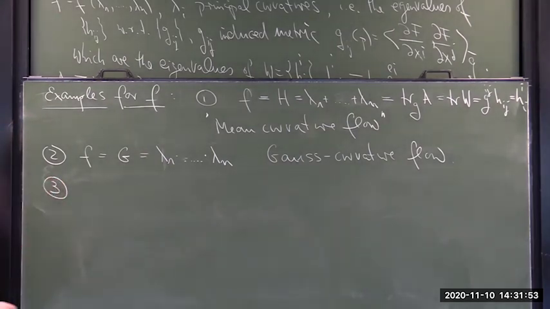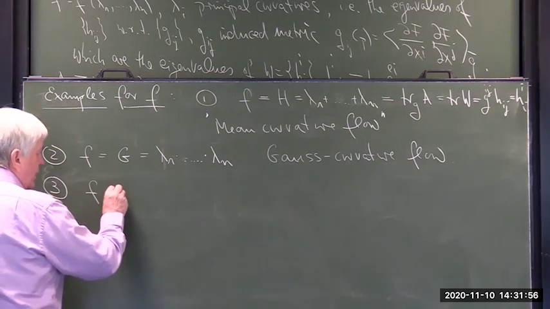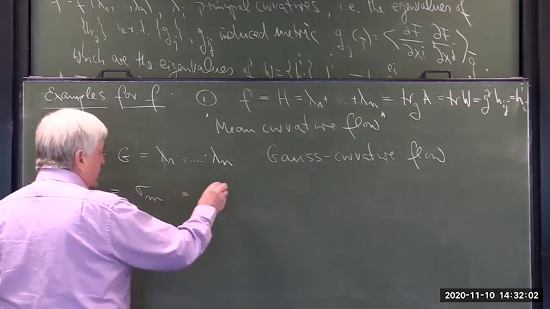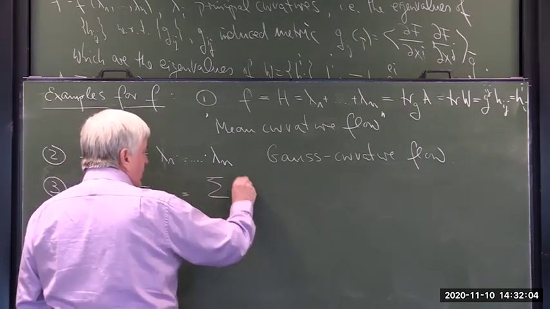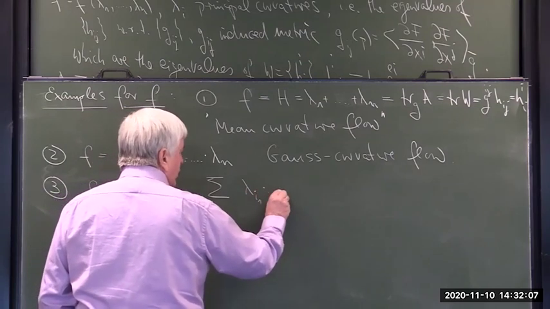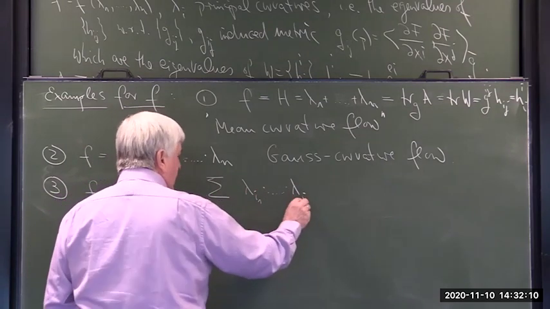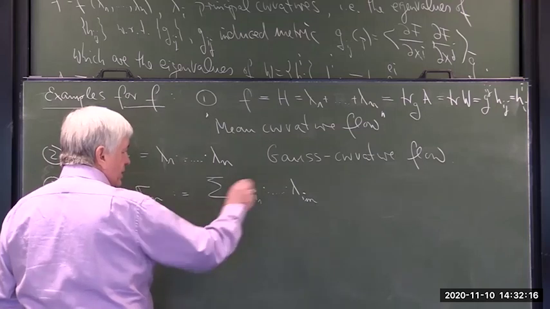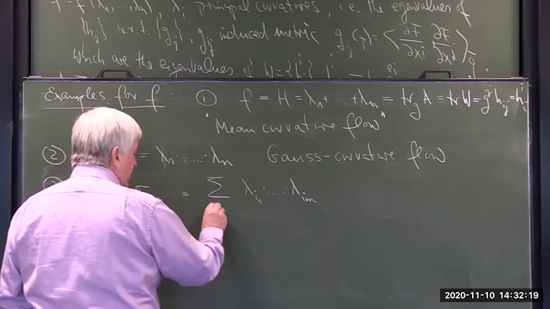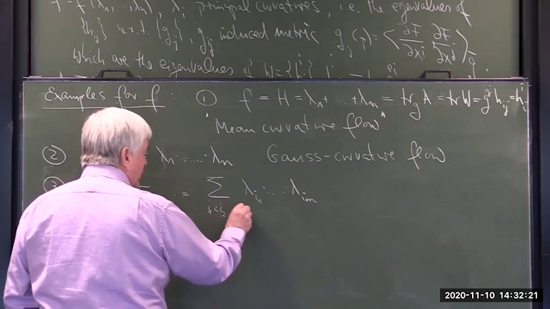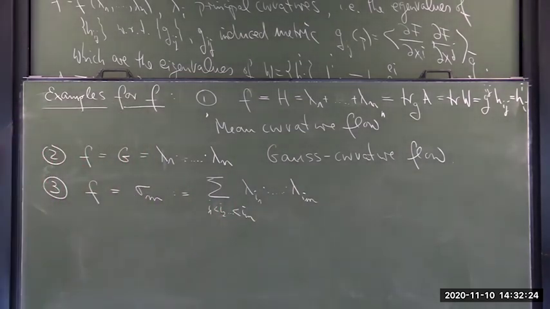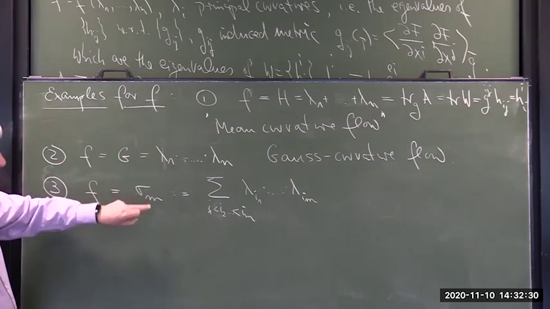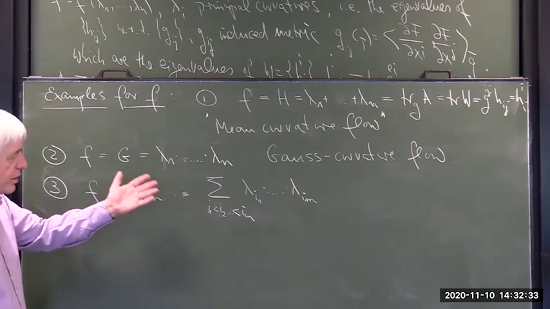And third one, you could take f to be any of the elementary symmetric functionals. You could take the sum over the lambda i1 up to lambda im, and you do this over all tuples where i1 is less than i2 is less than im, and then this is the elementary symmetric function of degree m, and it's again symmetric, homogeneous.